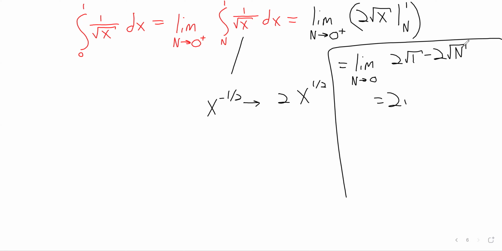In fact, everything is continuous. We can just stick 0 in here. The square root of 1 is 1, the square root of 0 is 0. So this time we get a finite number. This time we get 2.